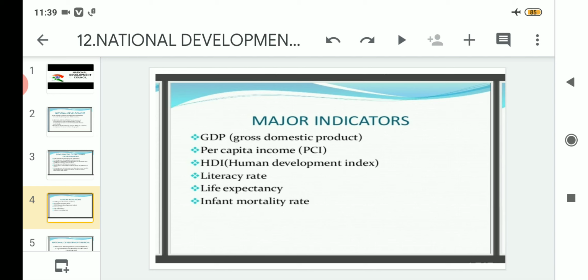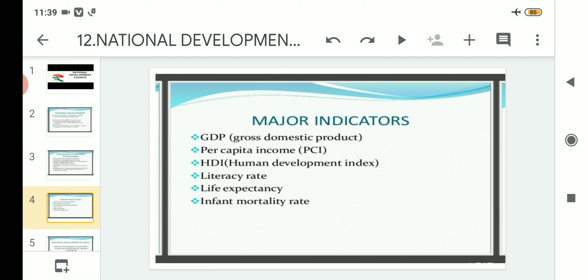And after that, the infant mortality rate is also taken into account. It is related to the death rate of infants. So these are the 6 major indicators that are taken into account when national development is calculated.